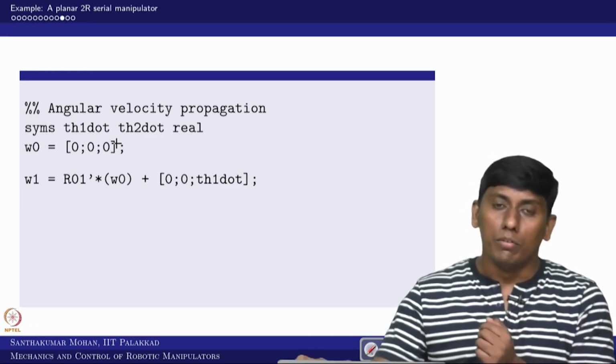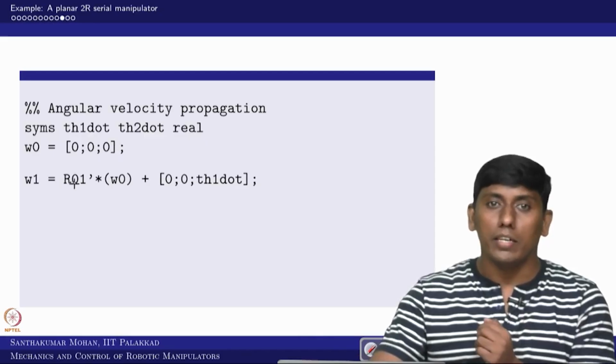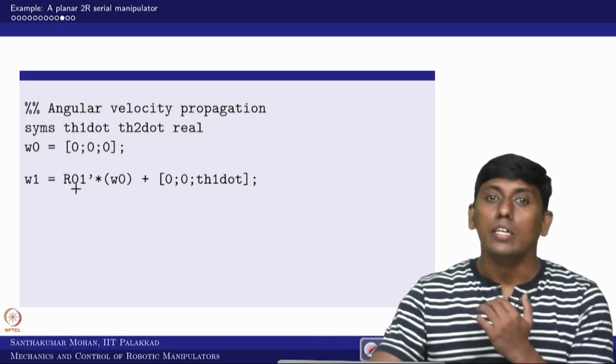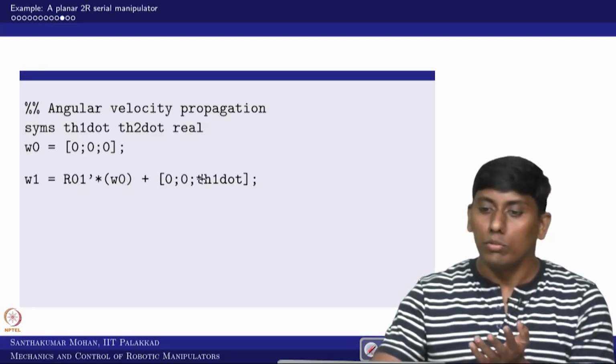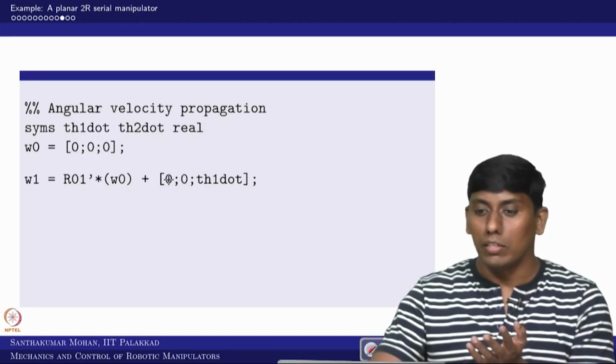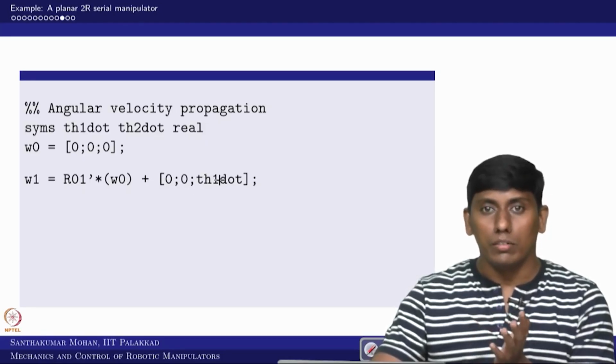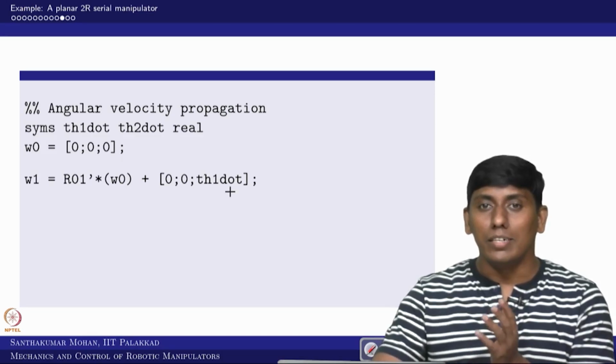We already know the rotation matrix, and the transpose comes here because it is the inverse, and omega 0 is known. This is the active joint, so theta 1 dot is added, which is the third element, in the sense the z axis.